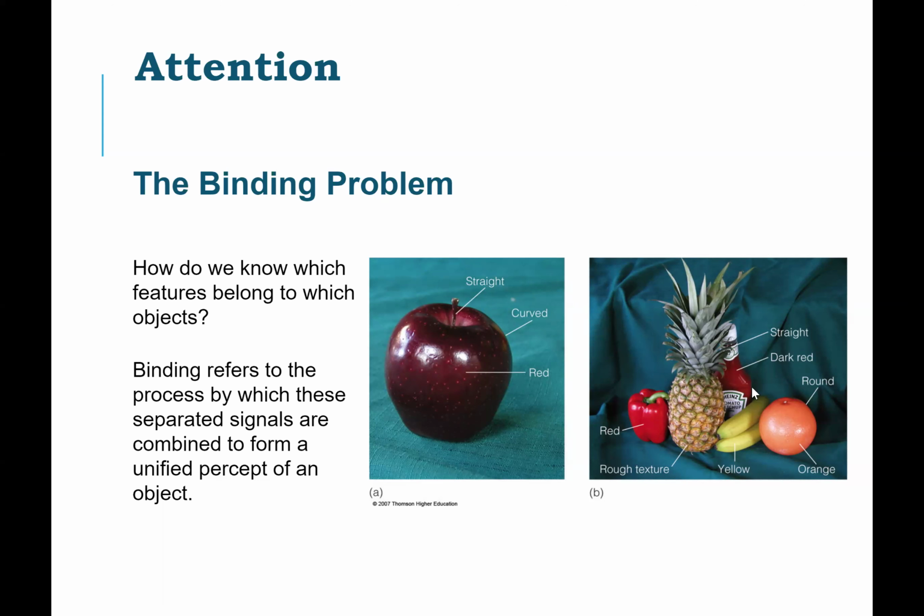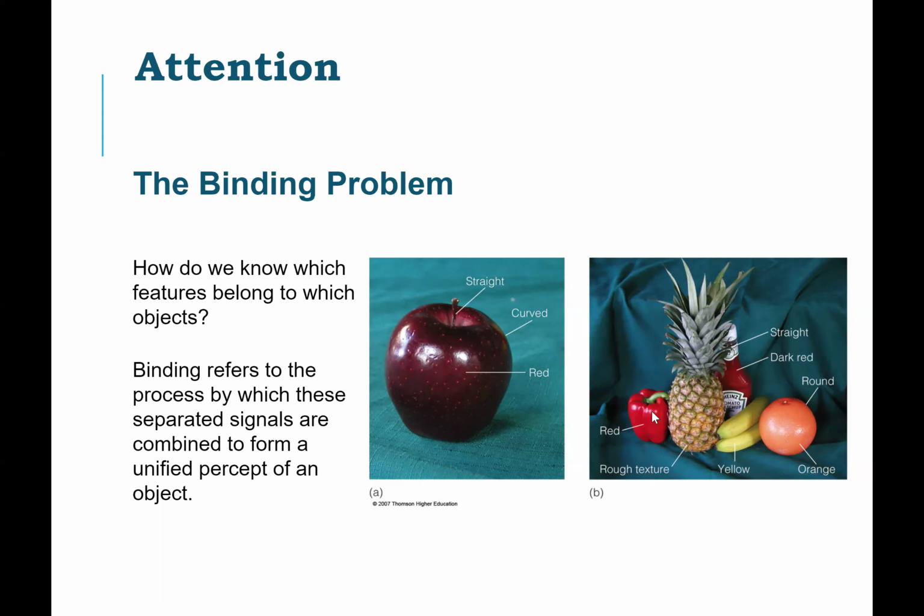But let's say I'm looking at a scene that has more objects in it. If red features are being activated in my brain, and some round features, and other features, how do I know they're part of this ketchup bottle object or this pepper object?